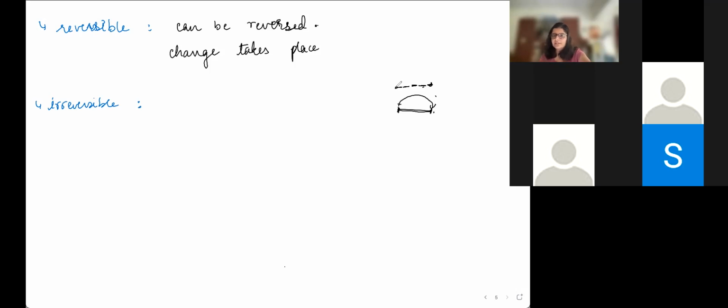A reversible process is happening slowly, so by changing the condition at any point, you can change the direction of the process.